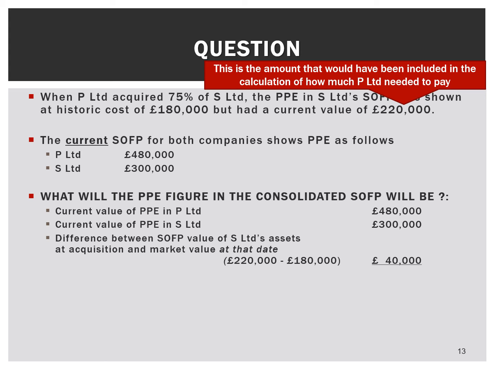So that's the difference between 220,000, which was the market value, and 180,000 that was the balance sheet figure. So that means we add on an extra £40,000 to property, plant and equipment in the consolidated balance sheet, and so we'll be showing a total of 820,000.